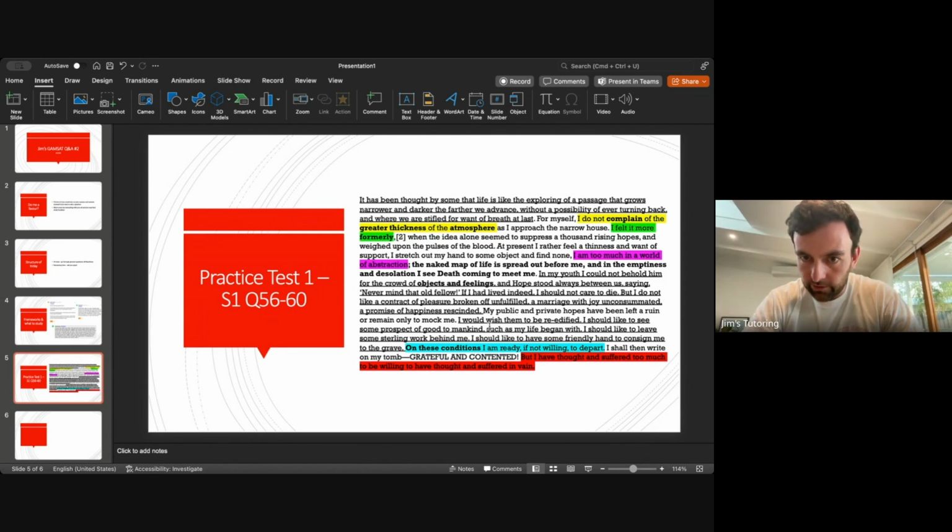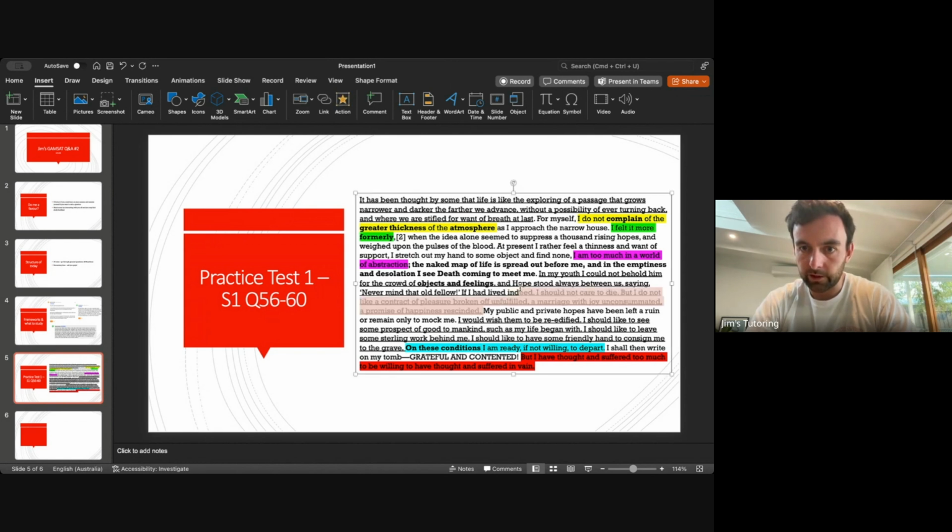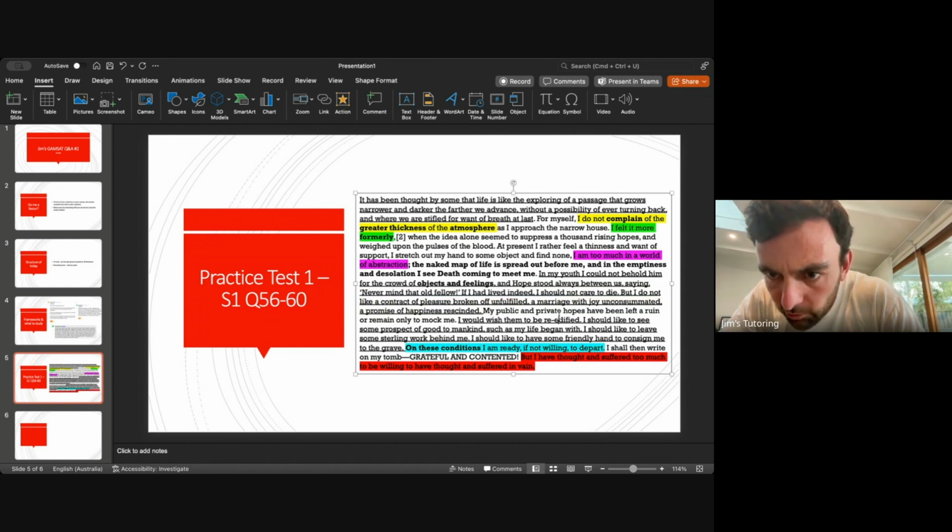Self-delusion, I don't think that's right, because based on what he said previously, up here, a life unfulfilled, a marriage with joy unconsummated, it doesn't sound like he really had a great life. So I don't think that's self-delusion. Cynicism and indifference, it doesn't sound like he's indifferent. I don't know about cynicism, but he sounds kind of unhappy about it.